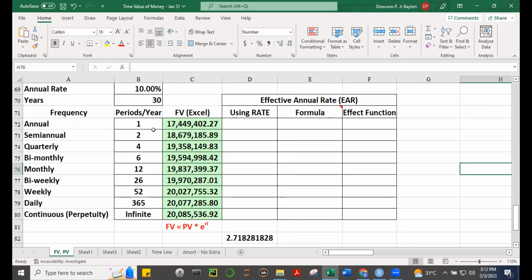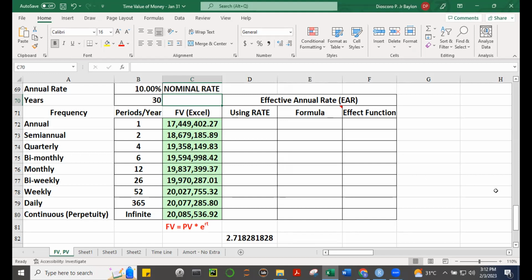The effective rate for the annual is also the nominal rate. So this is the nominal rate, this is the annual rate. And since the annual rate is 10%, the nominal rate will also be 10%.